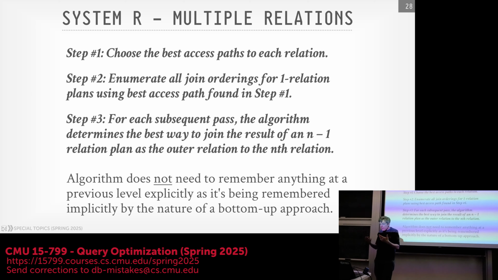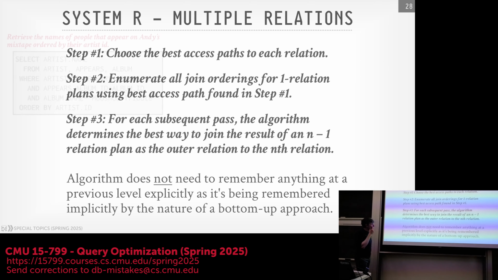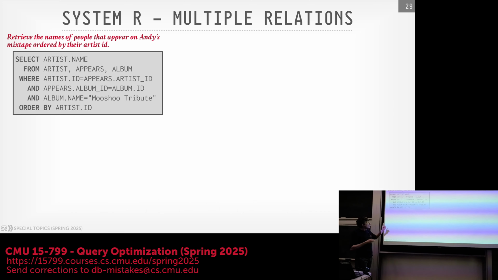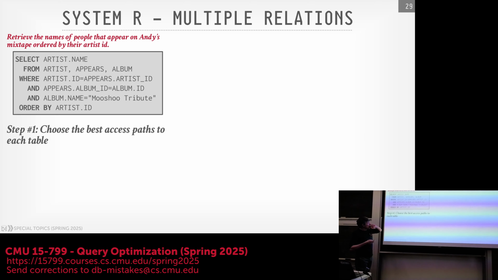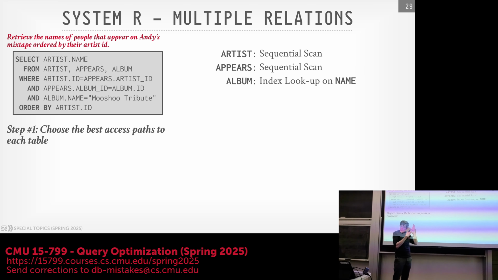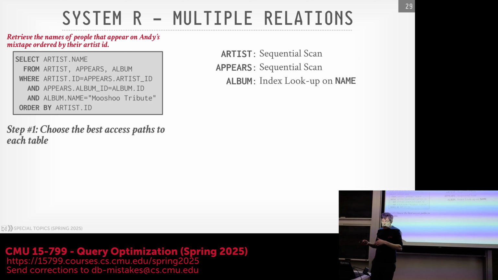Whereas again, in the Cascades top-down approach, it's everything we've ever done before, because we want to avoid doing repetitive work. All right, so let's see a two-step visualization of this. Same curve we had before. First step is to choose the best access path for each table. And again, I would look at my catalog and use the formulas we had in the paper to determine the best access path for each individual table.